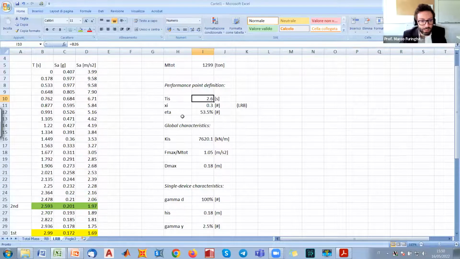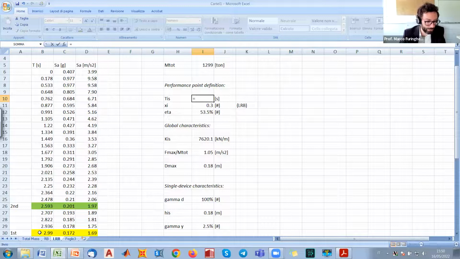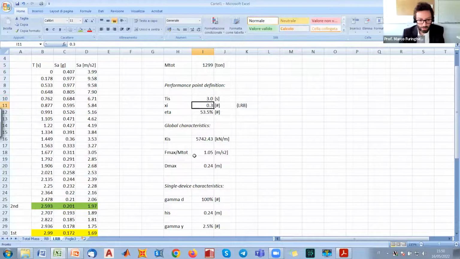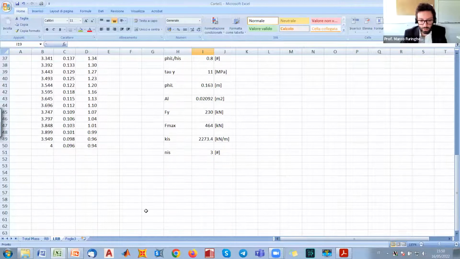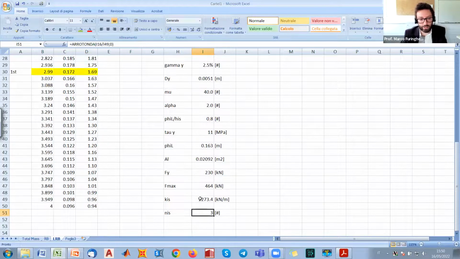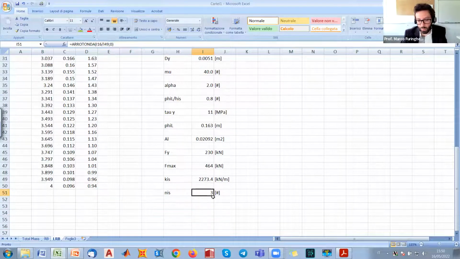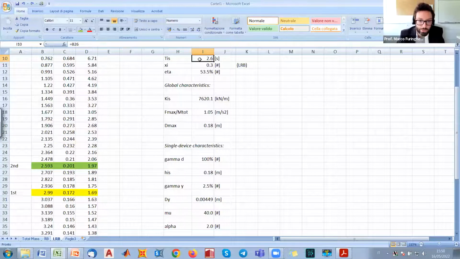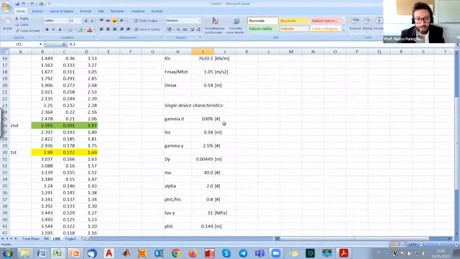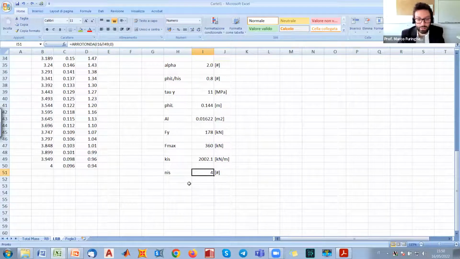Actually, let's try. If we consider 3 seconds, the previous one, and we change these, you see again, if you just increase the period, you get a lower number of isolation devices. So it's better to go back to 2.6 period, 30% of damping, and we get 4 devices.